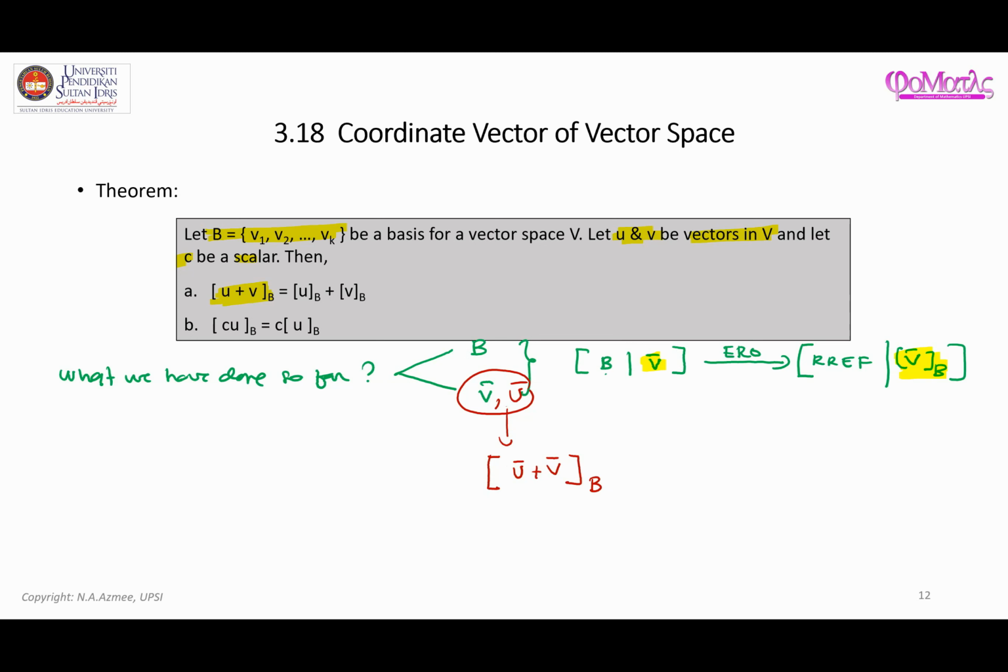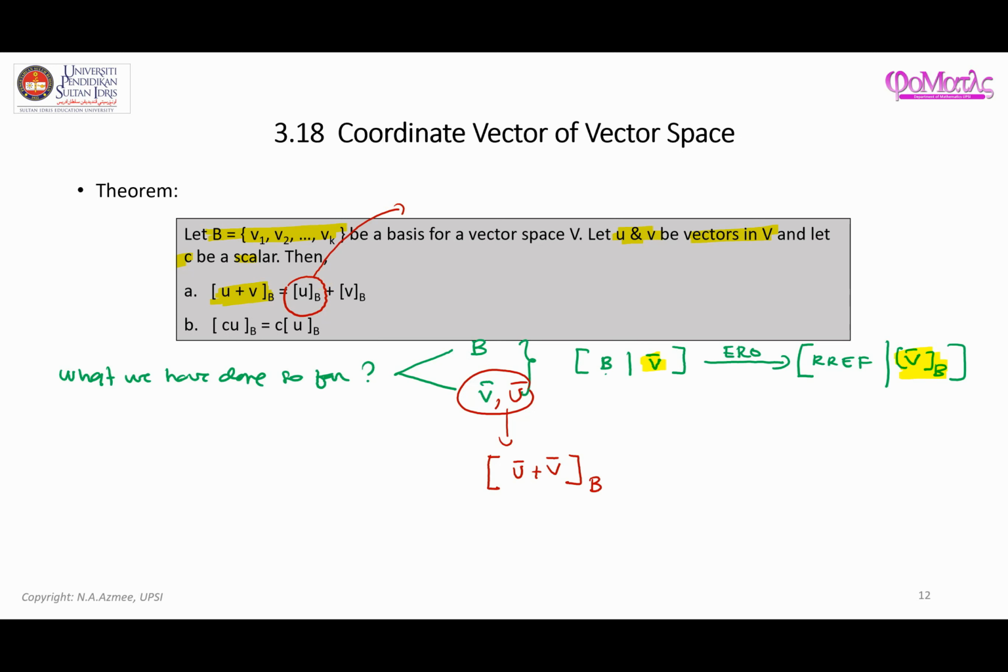You can apply the same process, but do them separately. Take vector u and find its coordinate vector using the usual process I explained previously in this video.